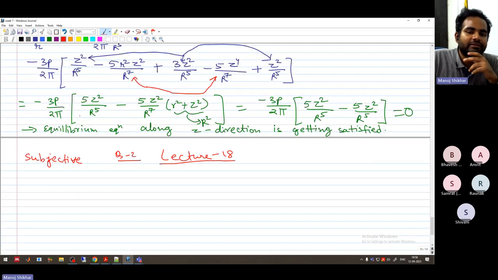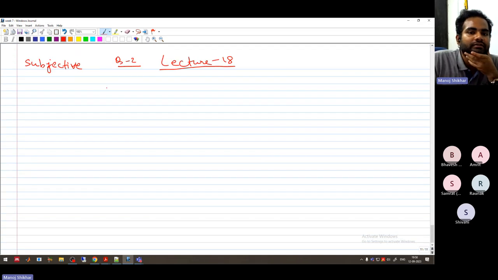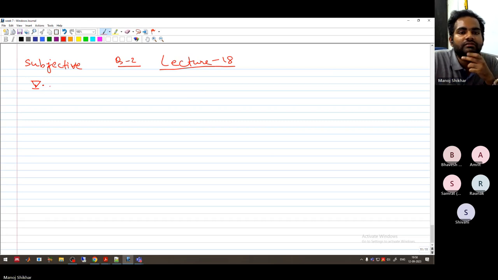So the trick which I want you to use is that if somebody tells you to calculate the divergence of a matrix, suppose there is a stress tensor and they're telling you to calculate the divergence of the matrix, this means that you need to calculate the trace of this matrix.